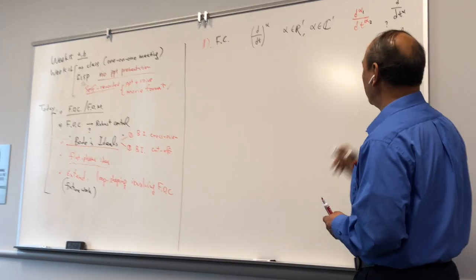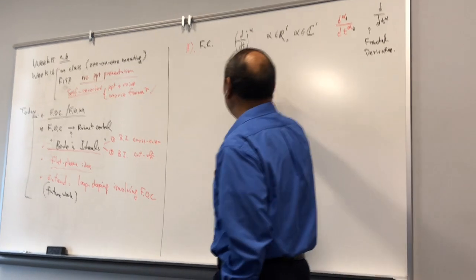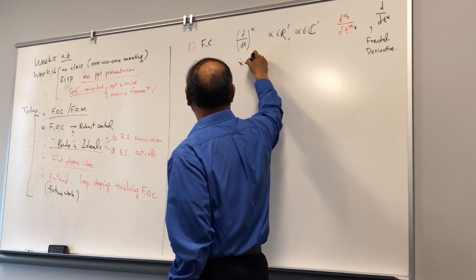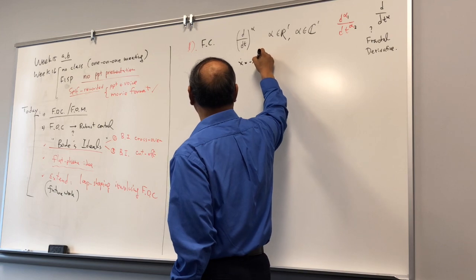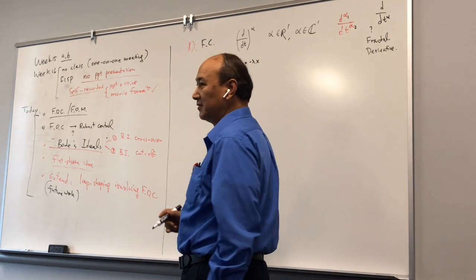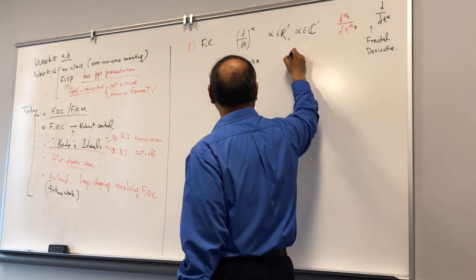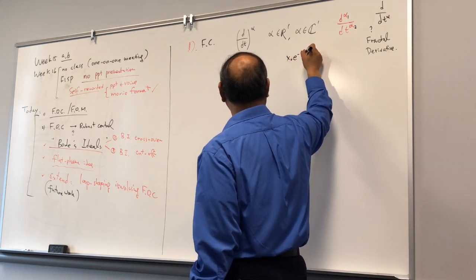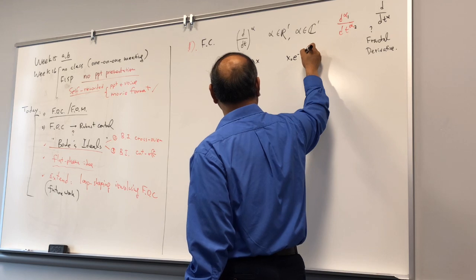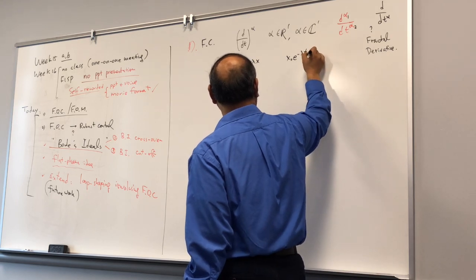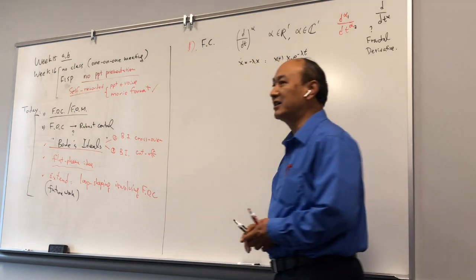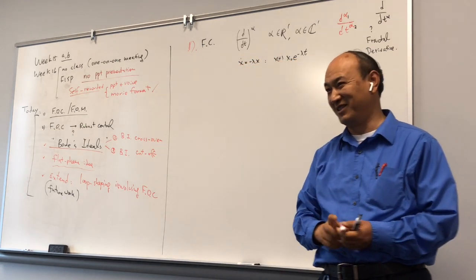We all know that for x dot equals minus x, the initial value will be x0 and x of t equals x0 e to the minus t. So this is called the exponential law.